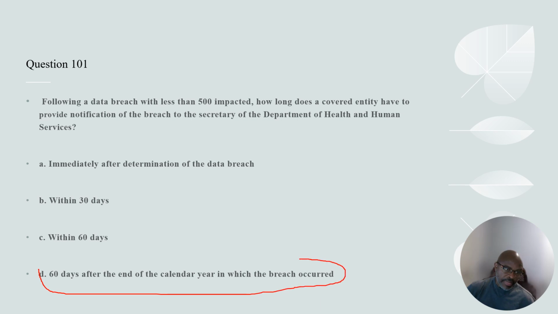Answer D. According to HIPAA guideline, at the conclusion of the calendar year in which the event occurred, the report should be made within 60 days of the ending of that calendar year. There might be some typographical error here, but the correct answer is within 60 days of the ending of the calendar year, and it should not exceed that.